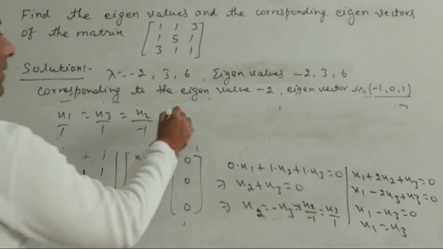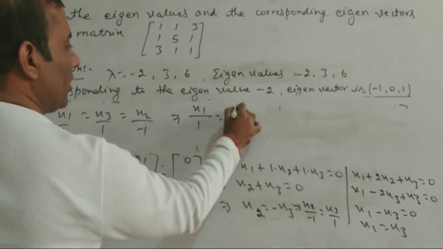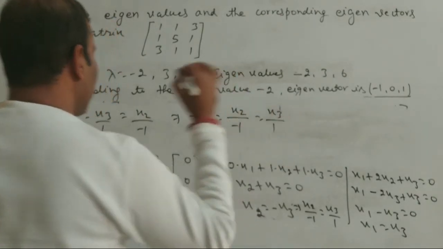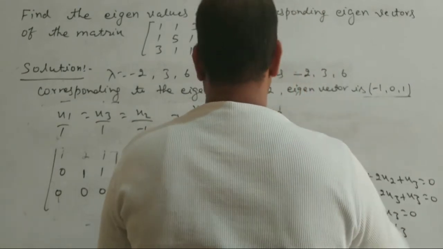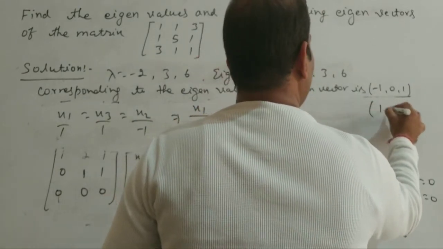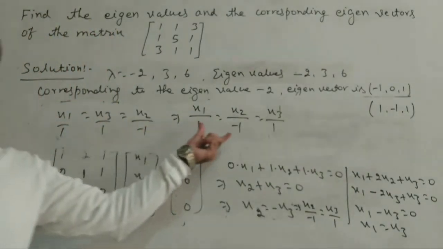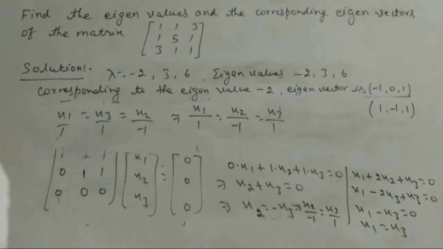It means x1 upon 1 equals x2 upon minus 1 equals x3 upon 1. So the vector corresponding to this is 1, minus 1 and 1. ये हमारा corresponding vector मिल गया, lambda equals 3 के corresponding.